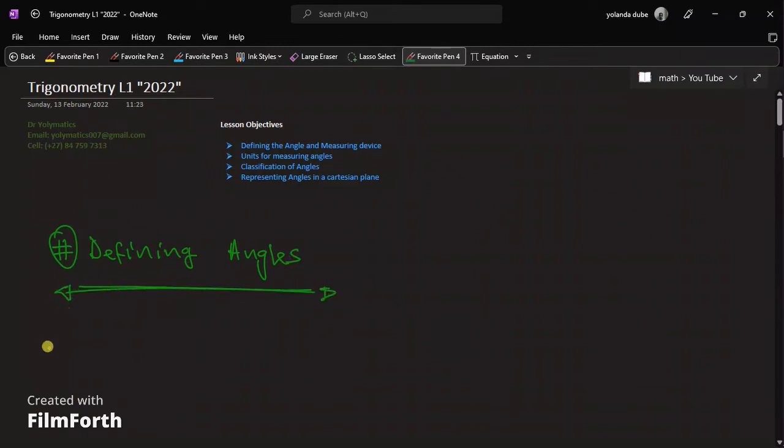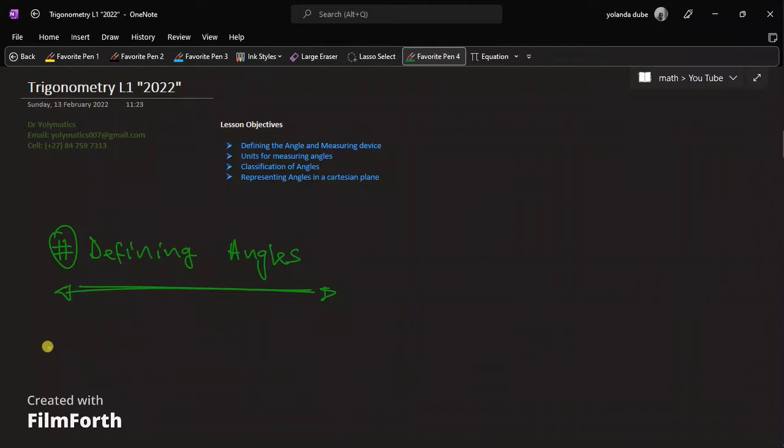Trigonometry is a subject which one can define as the study of angles and functions that accept those angles. So that's one way of defining this subject, although many different mathematicians can define it the way they find suitable.